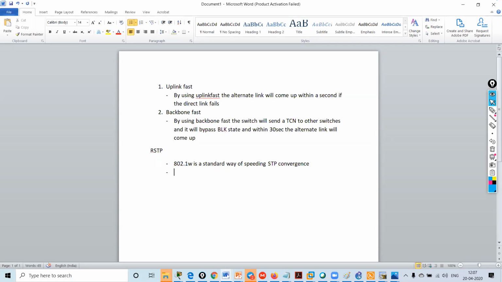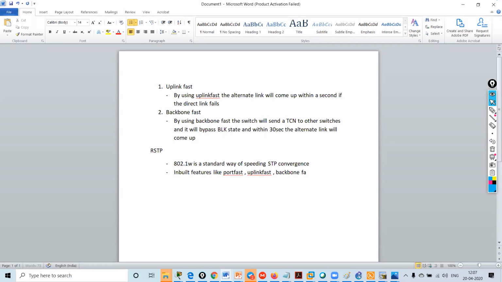Now there are some inbuilt features like port fast. Port fast is the inbuilt feature that is there in rapid PVST. Also uplink fast, backbone fast.